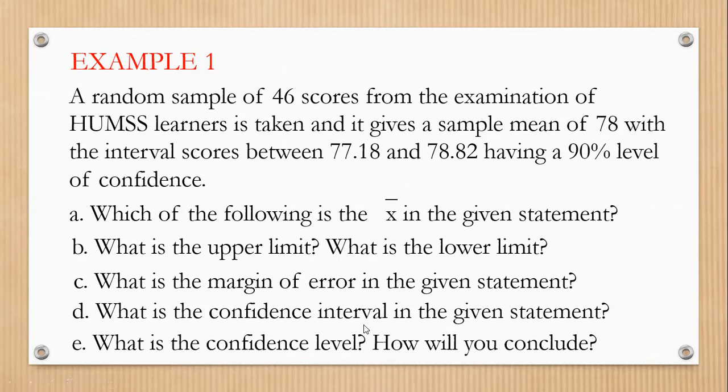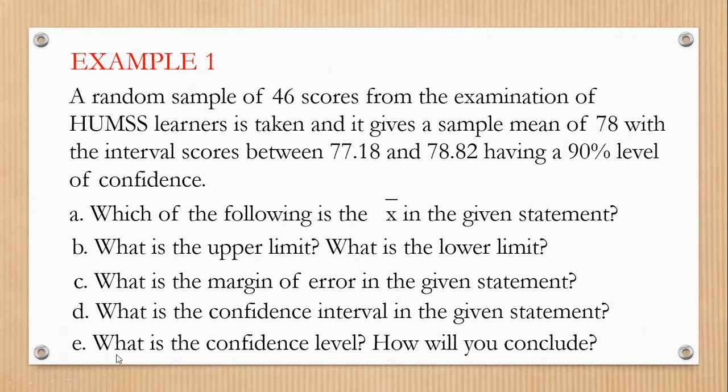So therefore, the margin of error here is 0.82. And then answering letter D, what is the confidence interval? The confidence interval is between 77.18 and 78.82. Or in symbol, you can have the population mean is greater than 77.18 but less than 78.82.